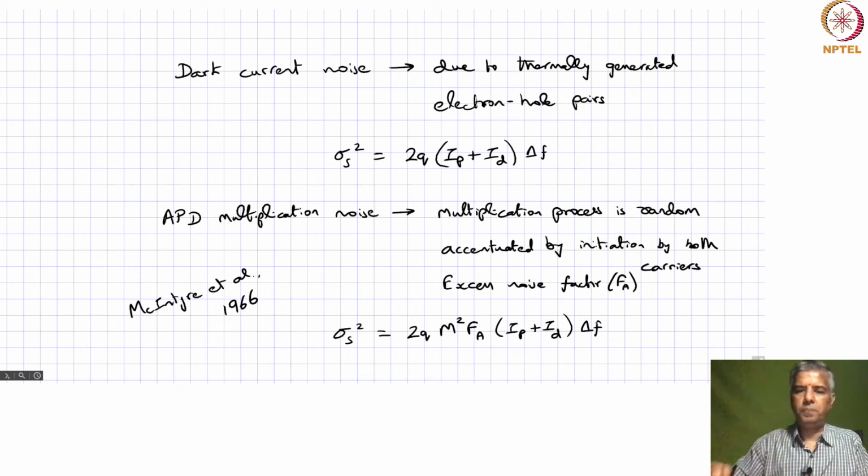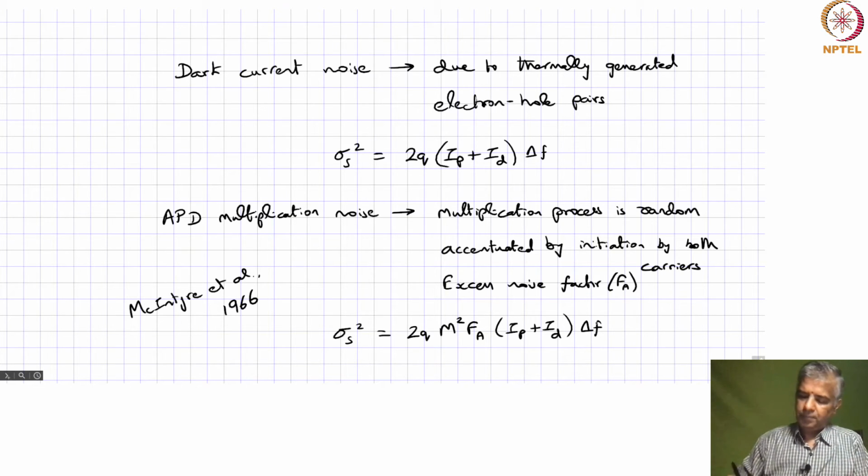Okay, so why is it M square? Well, basically because your photocurrent is amplified as M, but what we are tracking is actually the variance. So the photocurrent would correspond to the root mean square RMS value, but if you're considering the variance, then it's a square of the photocurrent. So that's why we have an M square over there.